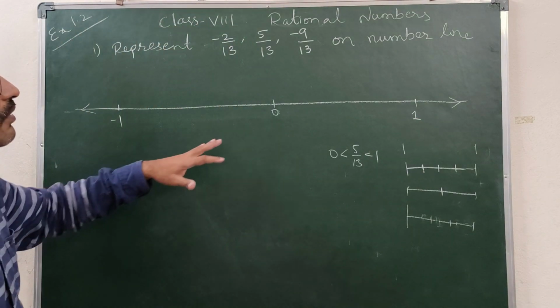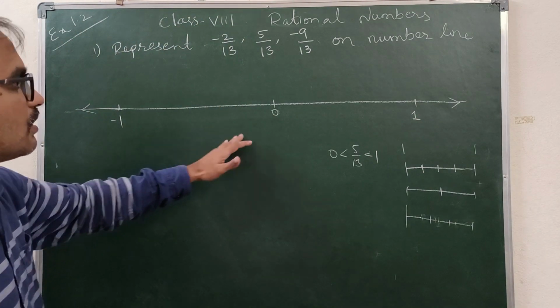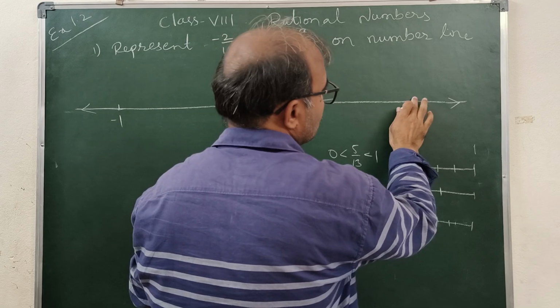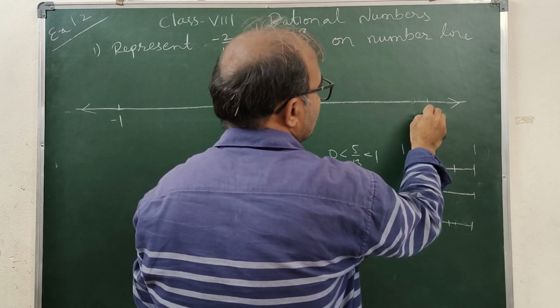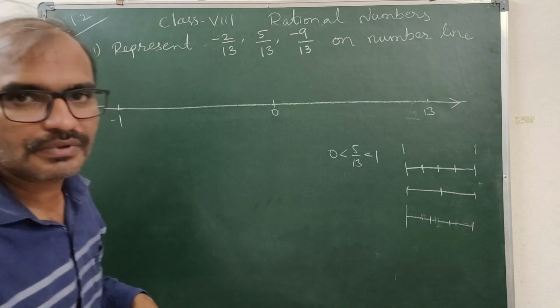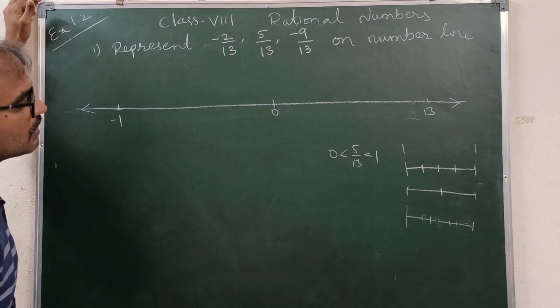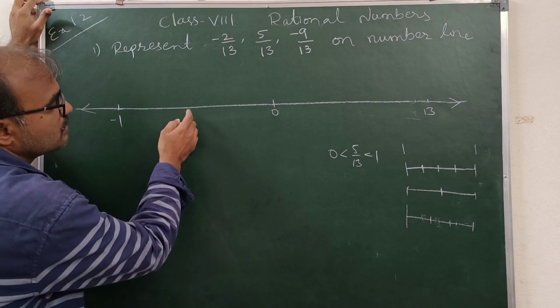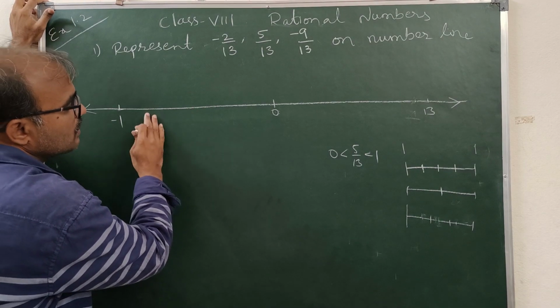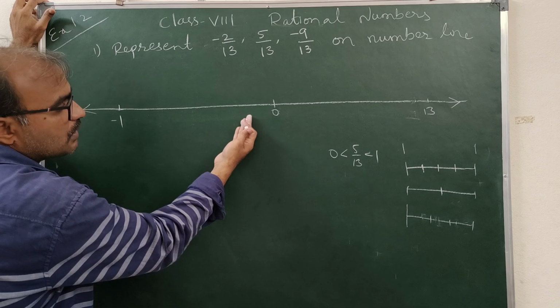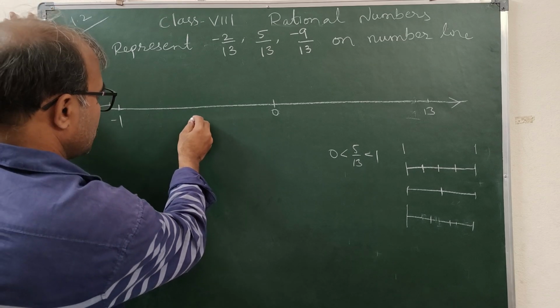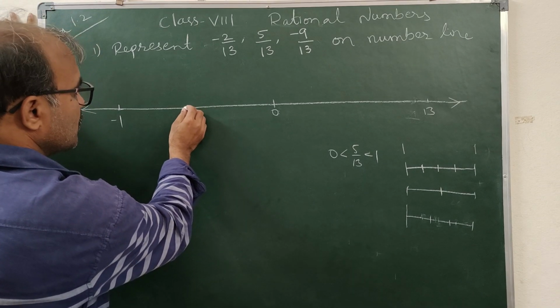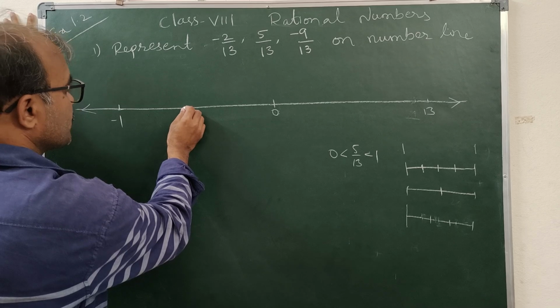Now you have to divide this part and this part almost into 13 equal parts, right? If you divide into 13 equal parts, the middle is 6.5 parts, so instead of keeping exactly at the middle, keep somewhat this side, right?